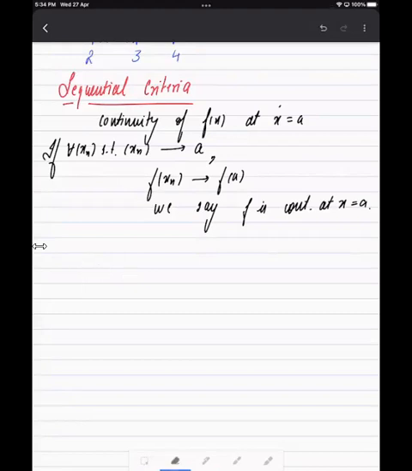Okay, actually before that, tell me something about the greatest integer function. What is the definition of the function? What is the greatest integer of 2?